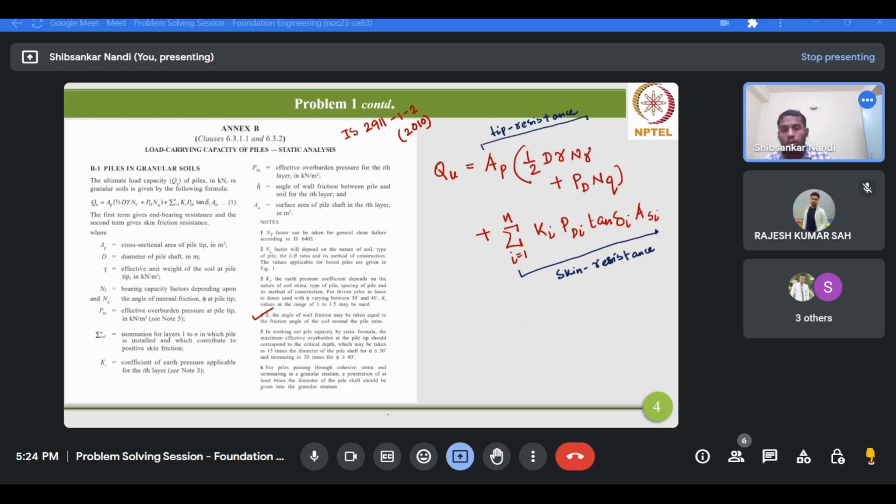Now to evaluate the critical length of the given pile, we have to consider note 5. In working out pile capacity by static formula, the maximum effective overburden at the pile tip should correspond to the critical depth, which may be taken as 15 times the diameter of the pile shaft for phi less than or equal to 30 degree, and increasing to 20 times for phi greater than or equal to 40 degree.